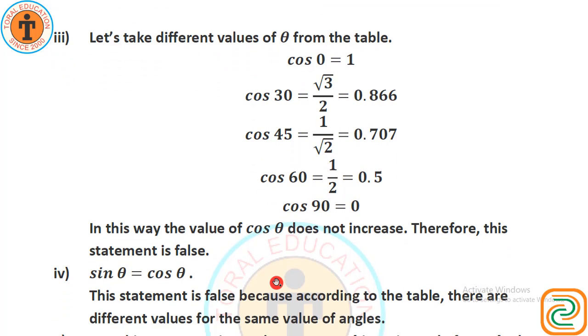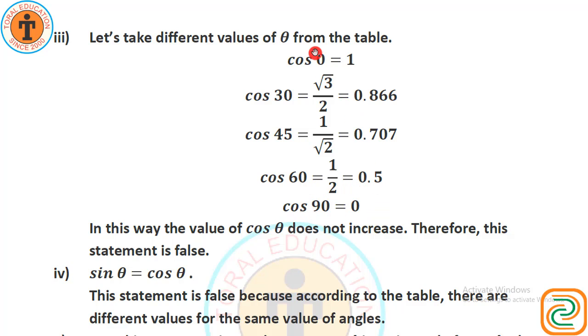Number 3. The value of cos theta increases as theta increases. Again, we have taken the values. Cos 0 is 1, cos 30 is 0.866, cos 45 is 0.707, cos 60 is 0.5, and cos 90 is 0.